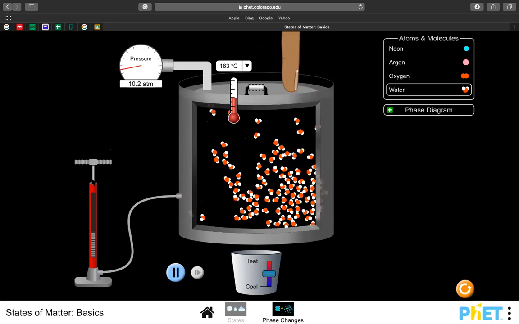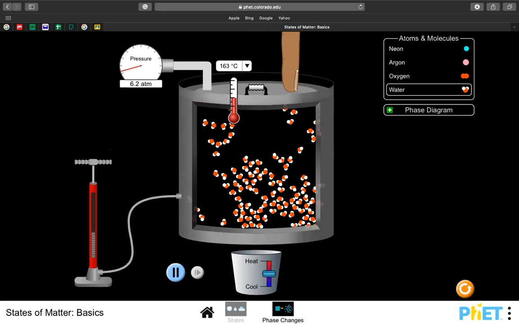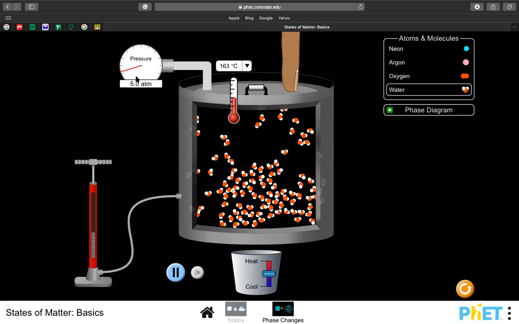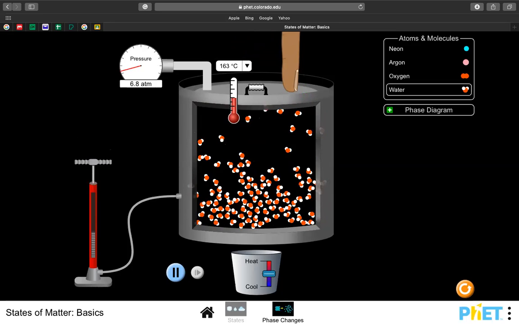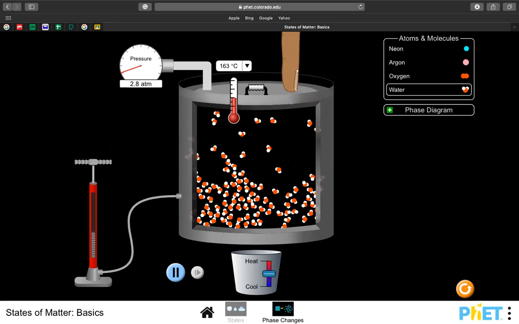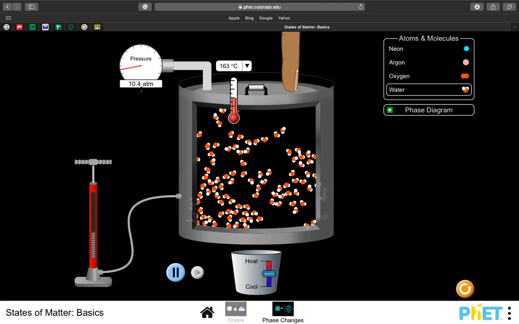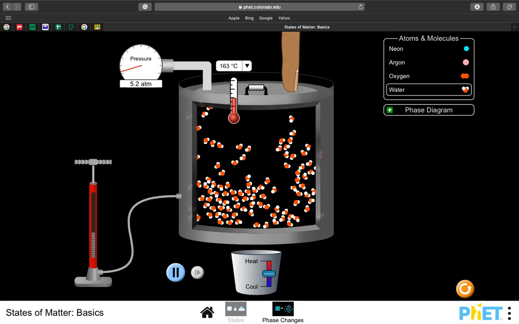So there's more pressure in the system. We see that the particles are moving a lot more vigorously, and as a result, they are applying pressure to the container. Every time they collide with the container, there is some form of pressure being added to the container. So we see that the pressure is constantly increasing.